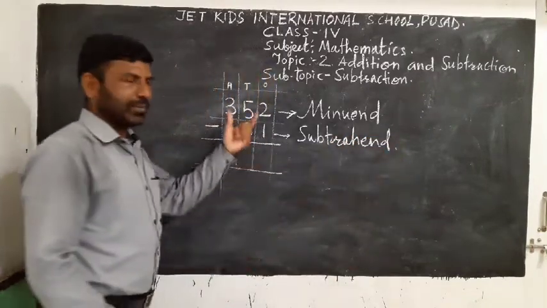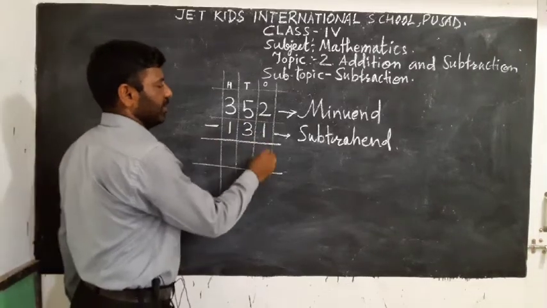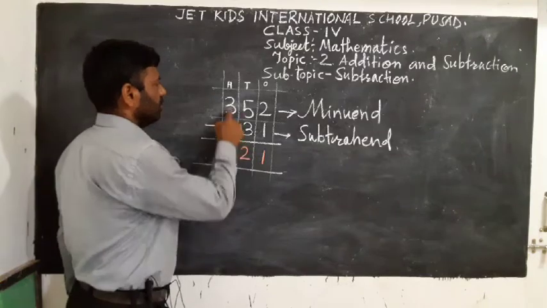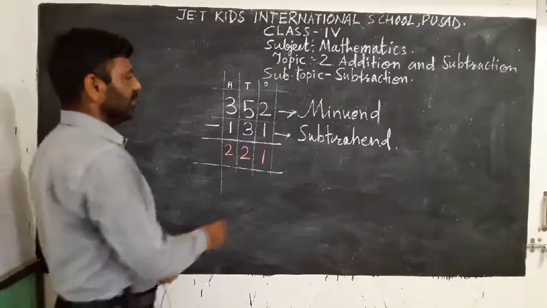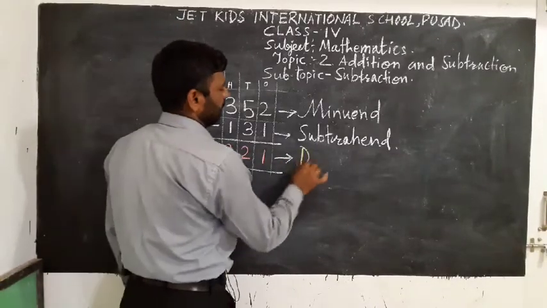Understand? While subtracting, 2 minus 1, 1; 5 minus 3, 2; 3 minus 1, 2. The answer is called the difference.